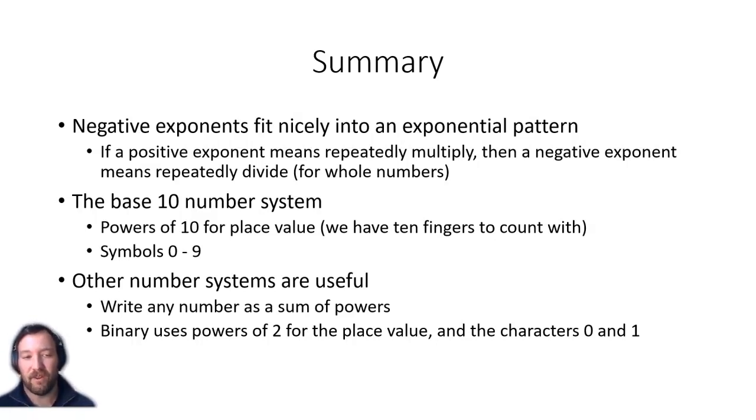So you can write now any number as powers of 10s in each place value. And of course we use the symbols 0 through 9. And we talked about other number systems. In particular, we looked at binary. Binary uses powers of 2s for the place value and the characters 0 and 1. But it could be base 3 or base 4, whatever base you want.